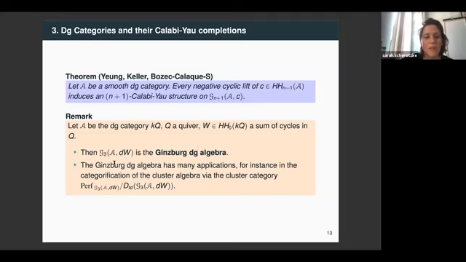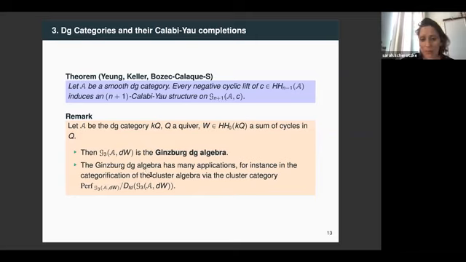As examples, for instance, if I take A to be the DG category KQ, Q a quiver, and I take W, a class in the zeroth Hochschild homology of KQ, which is just a sum of cycles in Q modulo cyclic shifting, then Ginzburg has defined the Ginzburg DG algebra, and that turns out to be nothing else but the 3 Calabi-Yau completion of KQ with respect to the potential W.